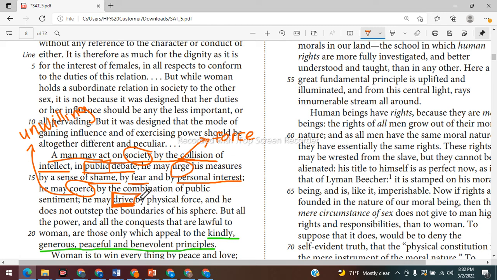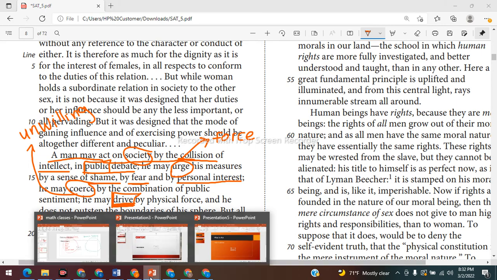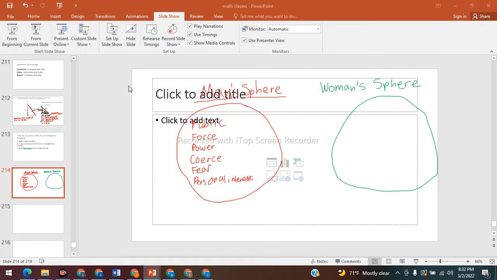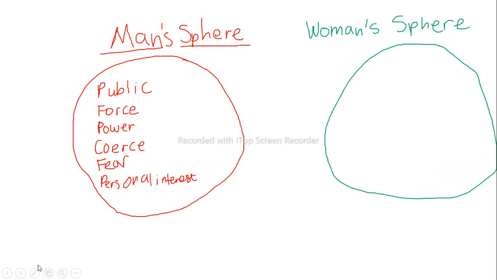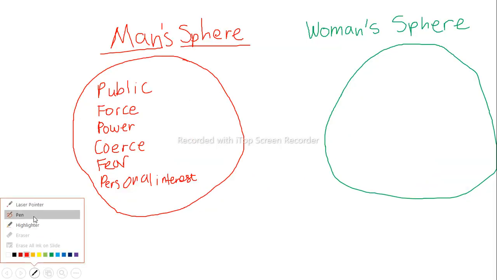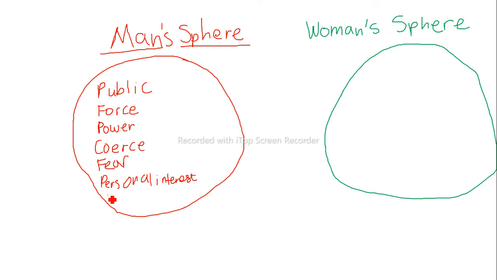But to push or move in a soft way? Forcefully. Forcefully, right? So he may drive by physical force, right? So this man might drive. When we say drive, we mean to push strongly. So he may push strongly.